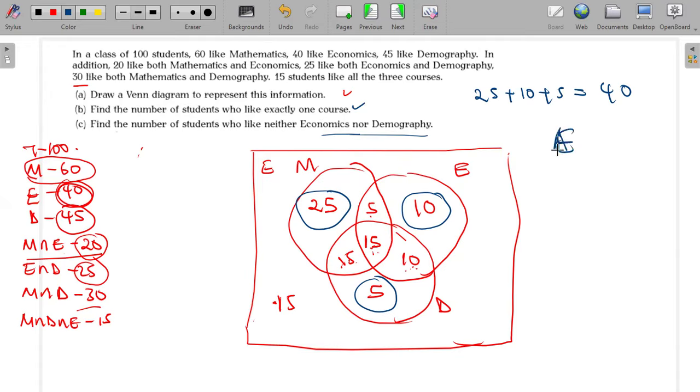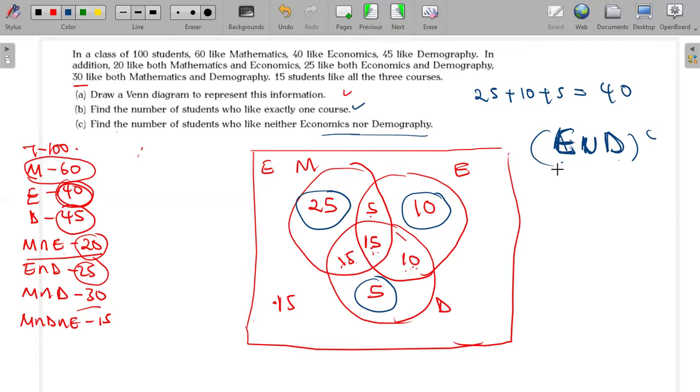So if we say E union D, this means the number of students that like either demography or economics. And if I say the complement of this, it will include those that like neither demography nor economics. So this is what it's going to mean.